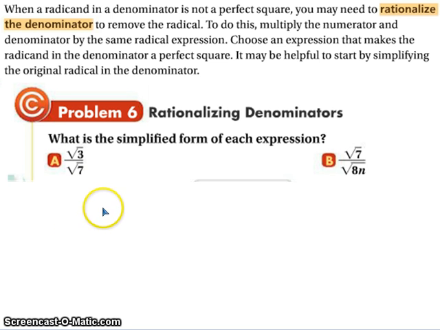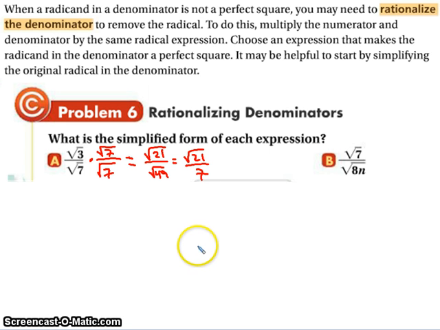We can't have that square root of 7. So what we're going to do is we're going to multiply by the square root of 7 over the square root of 7. Notice that that's equal to 1. And that makes this a perfect square. So what we get is the square root of 21 over the square root of 49, which is the square root of 21 over 7.